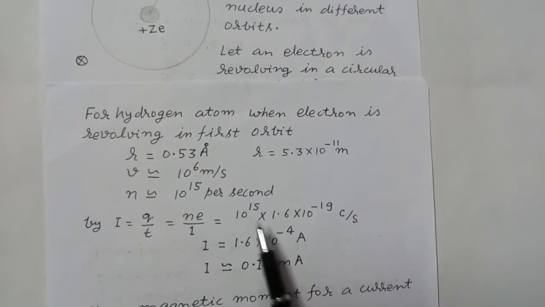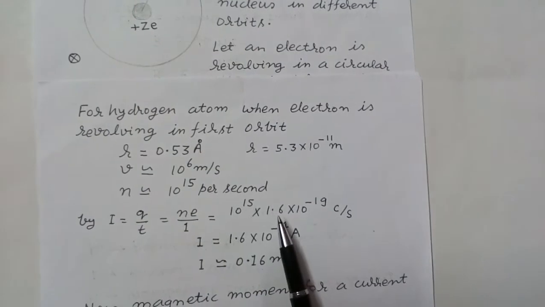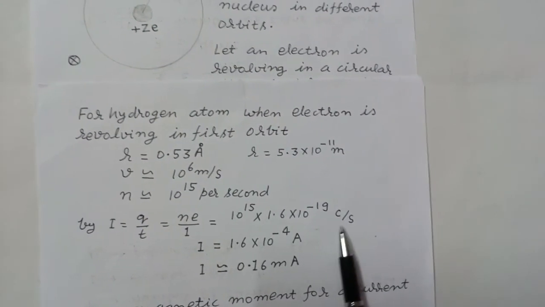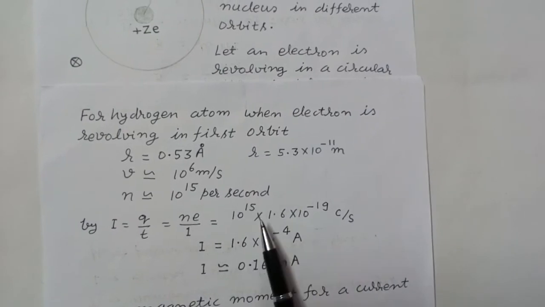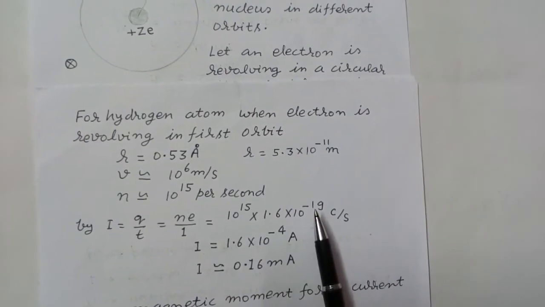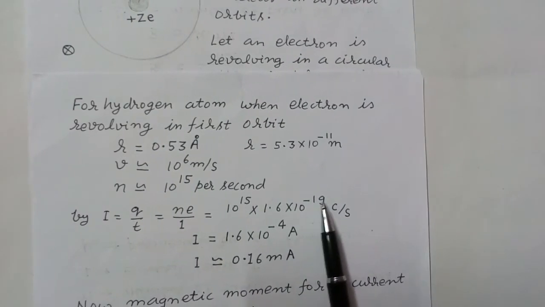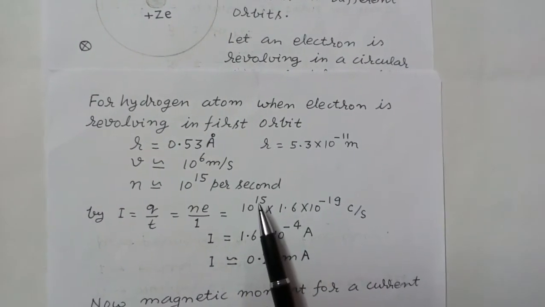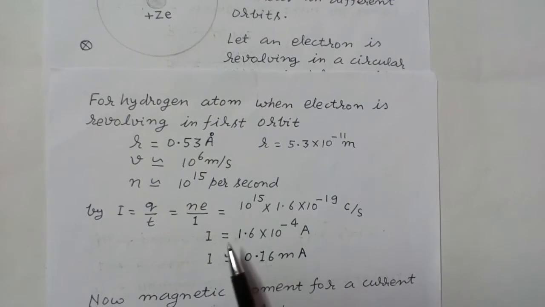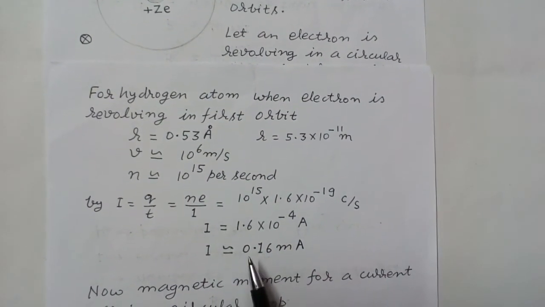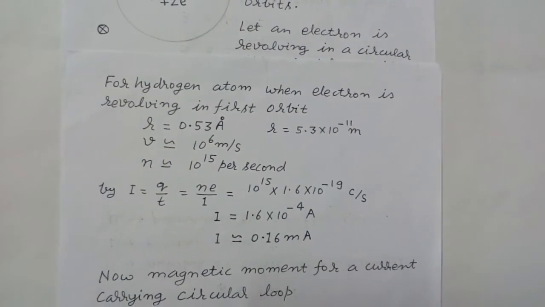This is equal to 10 power 15 into 1.6 into 10 power minus 19 coulomb per second, which is ampere. This coulomb is for charge and per second for number of revolutions. So I is equal to 1.6 into 10 power minus 4 ampere, or it is nearly equal to 0.16 milliampere.